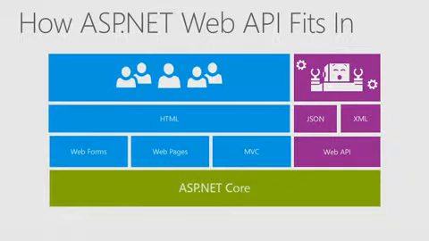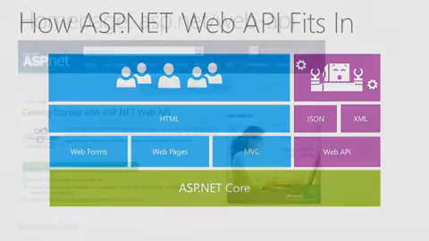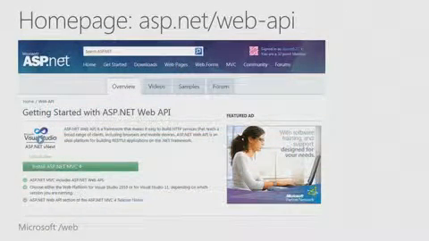People were kind of jamming JSON or XML into web forms or MVC or their own custom handlers, and you can do that. But we can help you out quite a bit using current web standards: HTTP, JSON, XML, etc. You can find out more at ASP.NET/Web API.